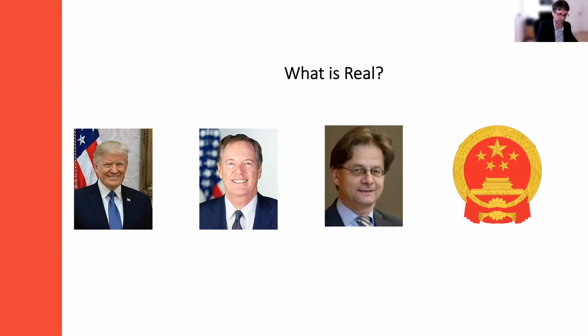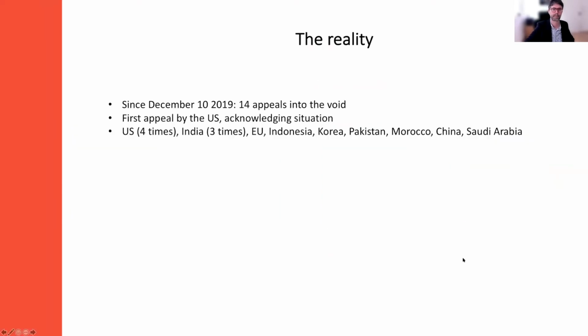The case law of the appellate body does not allow that. We've spoken about zeroing. The same is true for safeguards, where the appellate body saw rather important requirements before you can impose safeguards. And this is likely the reason that the US wants to see the appellate body gone.